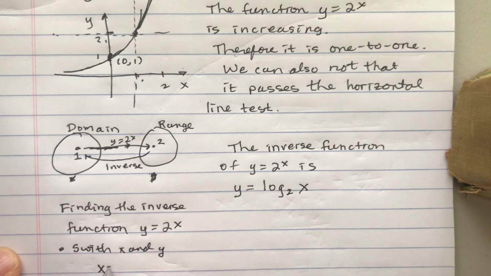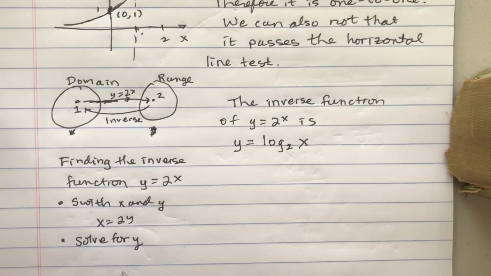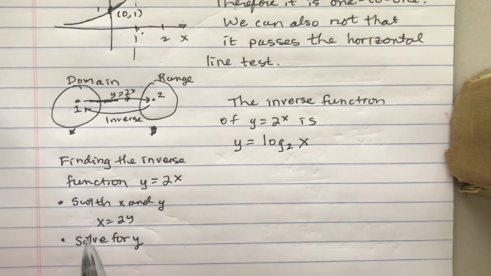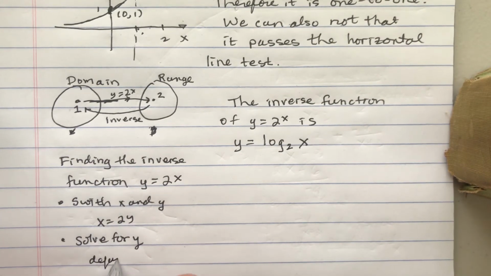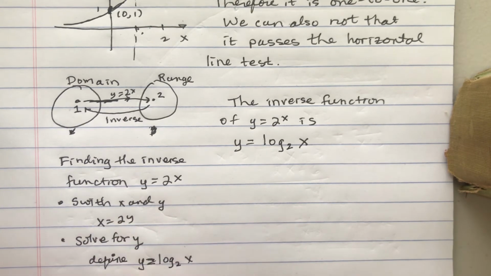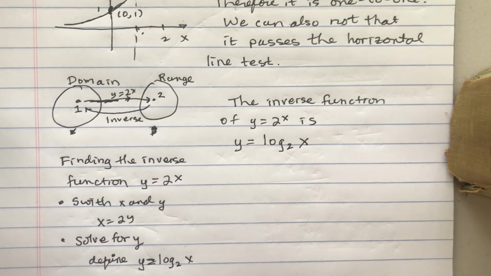So I get x equals 2 to the y, and then I solve for y. Well, how am I going to do that? I can't divide or multiply. What I'm going to do is define, just by definition, y equals log base 2 of x. We cannot get to y equals some function of x without defining this logarithm. We can't divide or multiply or add or subtract. Okay, so this is the inverse function.